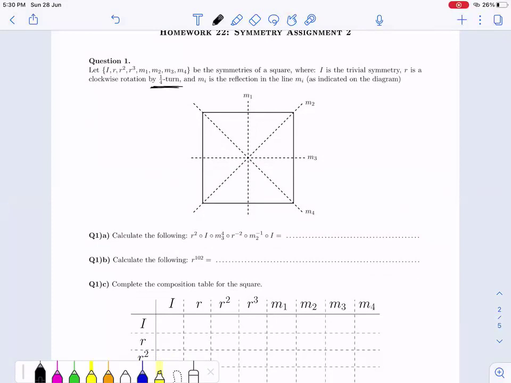And then R squared would be 180-degree rotation clockwise, R cubed would be 270 degrees. And then you have these 4 lines of reflection, M1, M2, M3, M4. So these are all the symmetries of a square. This you can denote as D4.